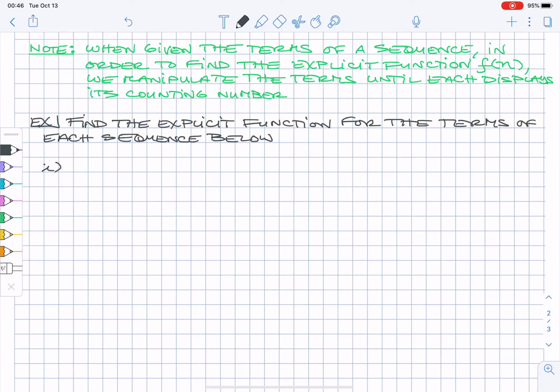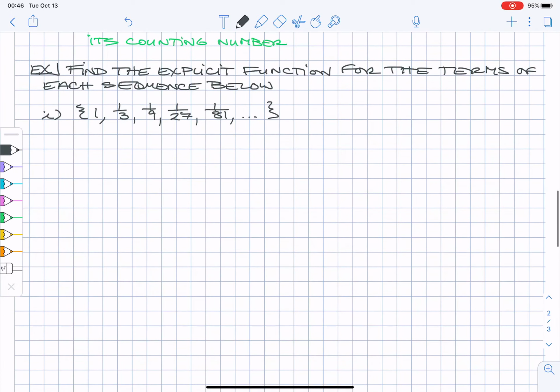Okay, so number 1, let's say we have the terms are 1, 1/3, 1/9, 1/27, 1/81, etc. Okay, so I claim that A sub 1 is 1. I claim that A sub 2 is 1/3.